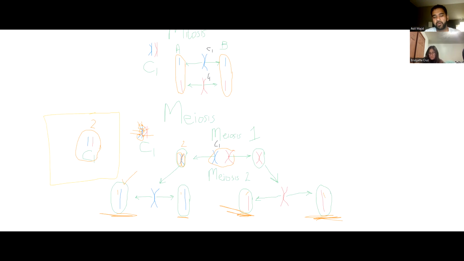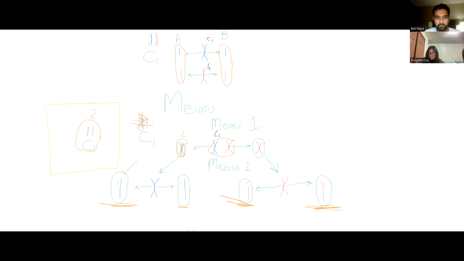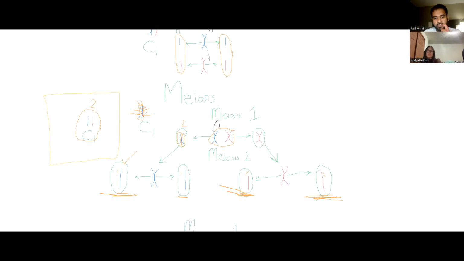I don't believe you. No, I was looking at the picture. Because if they lined up like this in meiosis one, and then they separated, then yeah, I get it.